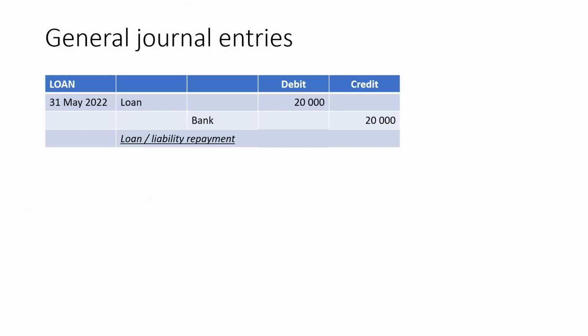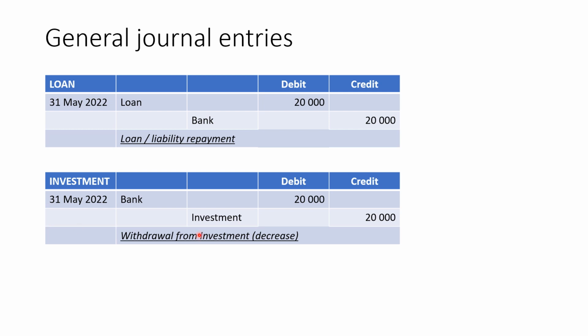So this would be your journal entry that you would have done. If there was a loan and you were reducing the loan, you would debit the loan on the 31st of May. If we say that our year started 1st of January, ends 31st of December, then 5 months into the year, we reduce the loan by 20,000 and we credit bank because that's where the payment is coming from.